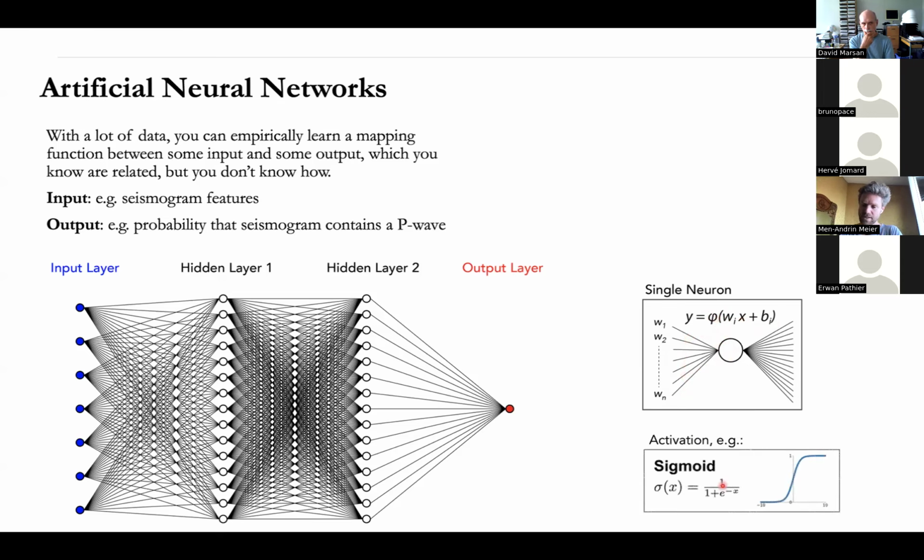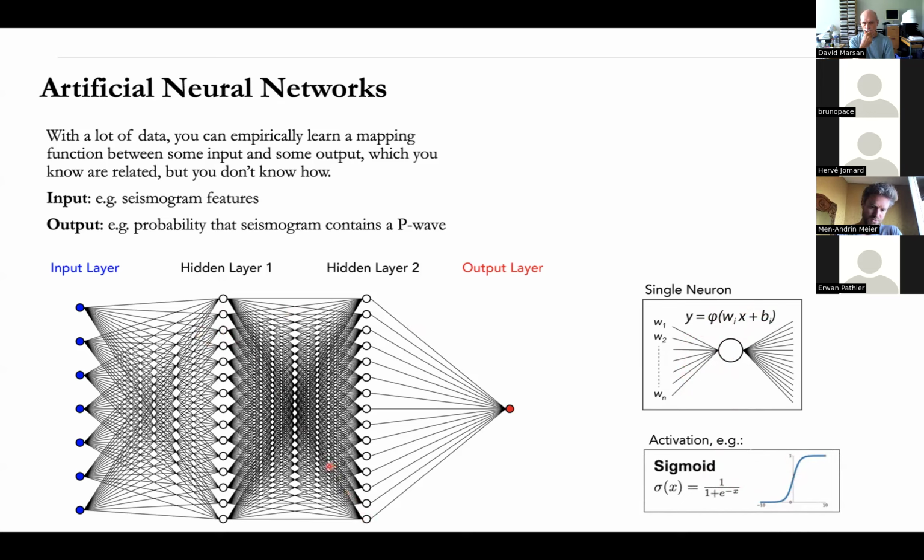The activation function is some nonlinear function. There's a couple of different ones that are commonly used. Here I just show the example of a sigmoid function that maps whatever comes out of this weighted sum to some desired range, in the case of sigmoid, to a value between 0 and 1. And so you compute this at each of these neurons and they pass it on.